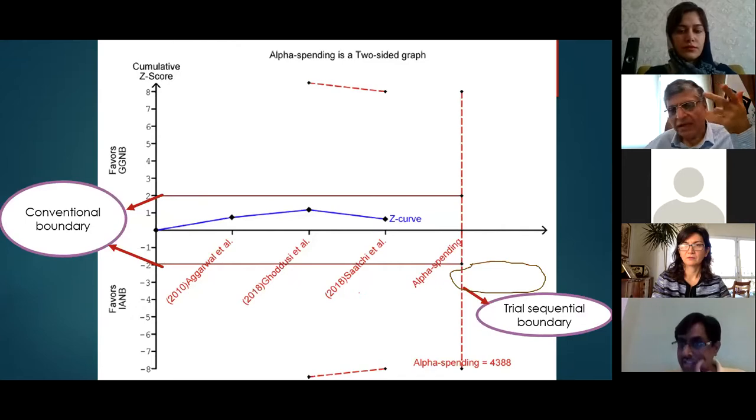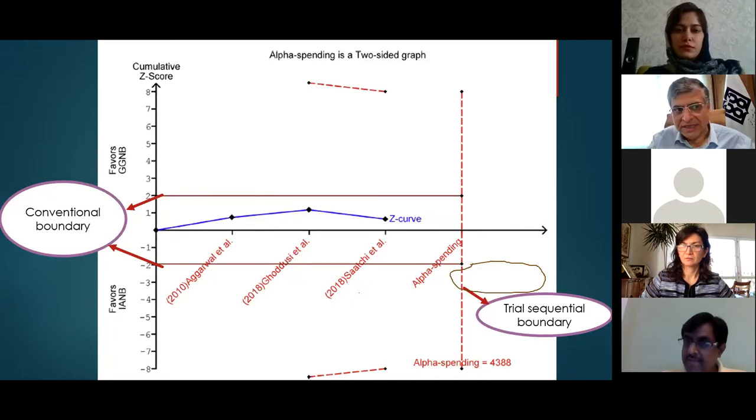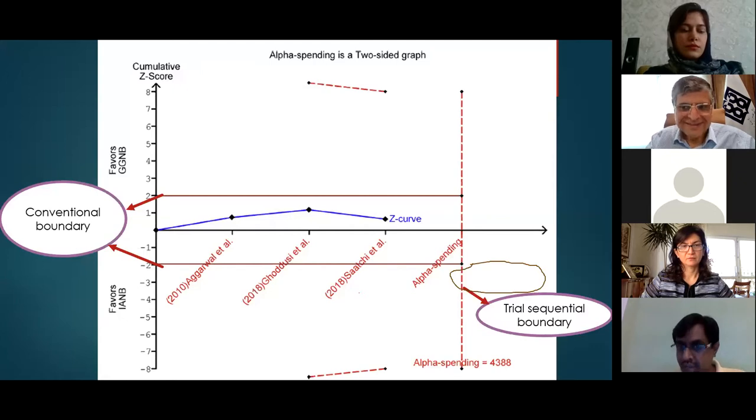So you mean even with the articles by Agarwal, Gudusi, and Sachi, we still have a problem getting the result, even if we put them together, because they couldn't reach the number of patients that is supposed to be reached, so we cannot come to the conclusion easily. Is that what you said? Yeah, meta-analysis is okay. For example, there is no statistical difference between these two interventions. Trial sequential analysis shows the results of the meta-analysis are not confirmed, because we have not crossed the required sample size.